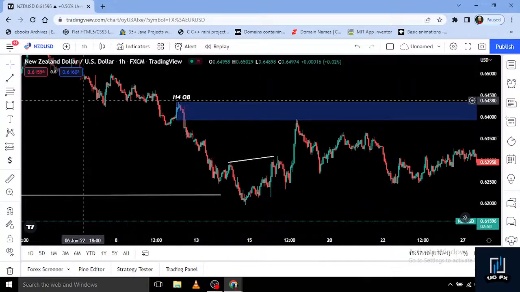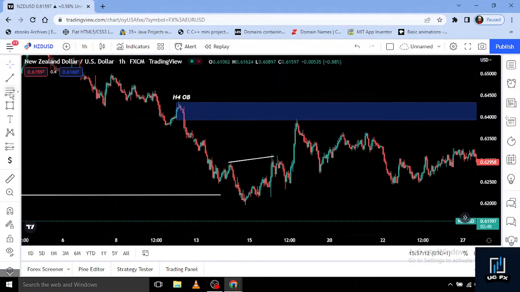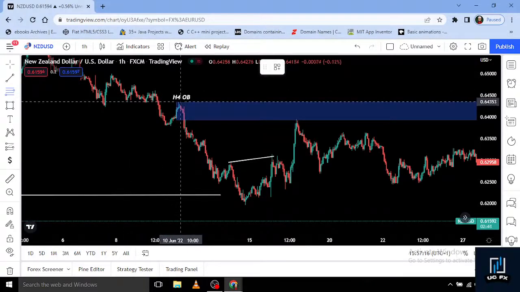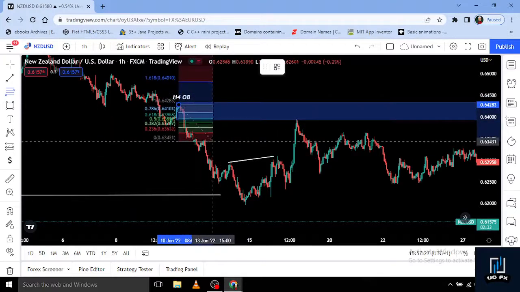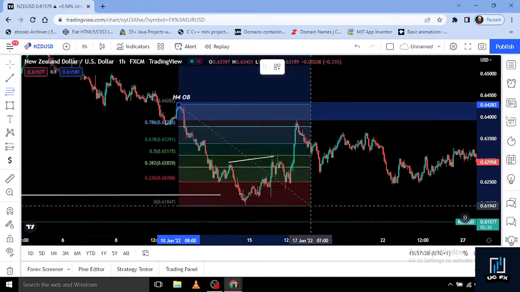And after identifying liquidity, what next? You need to check where price is sitting. You need to be taking your shorts or your buys from discount levels. Nobody wants to buy at premium price or equilibrium price. The smart money are always interested in the discount prices. So you take your fib from this point down to the range.